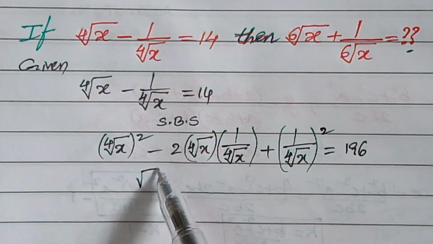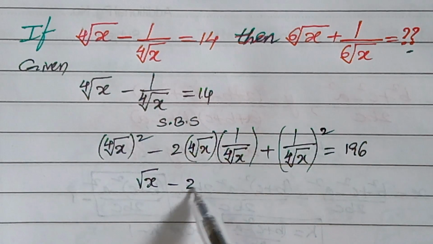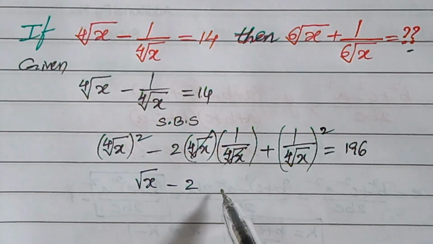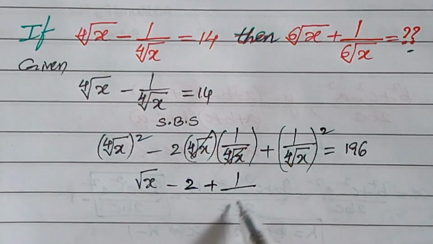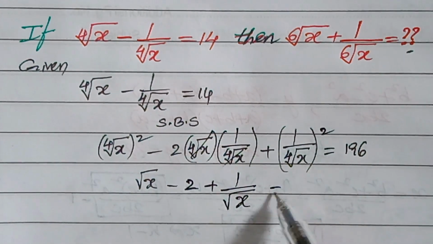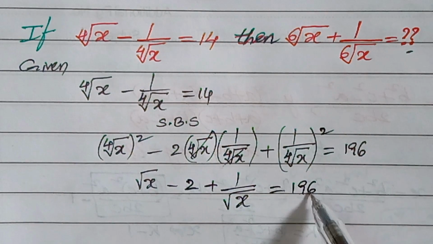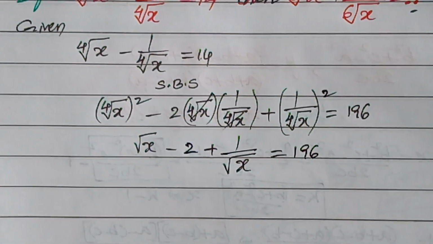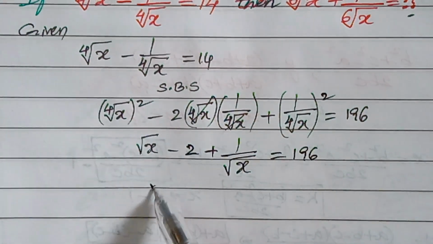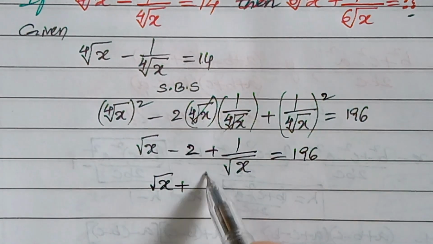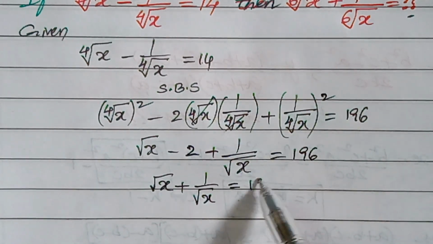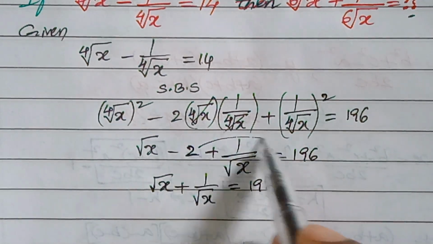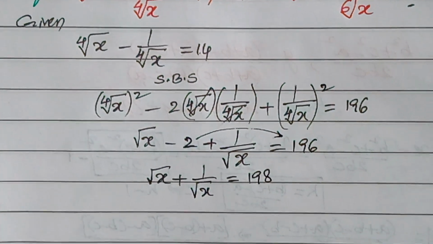So here you'll get root x minus 2, the fourth root of x cancels, minus 2 plus 1 by root x is equal to 196. So root x plus 1 by root x is equal to 198, sending 2 to that side.